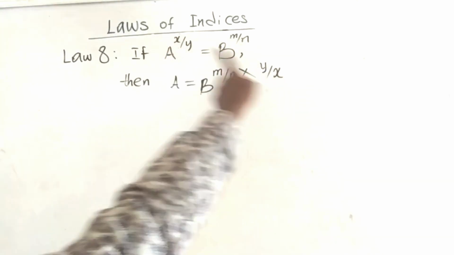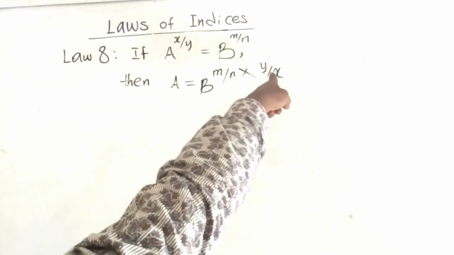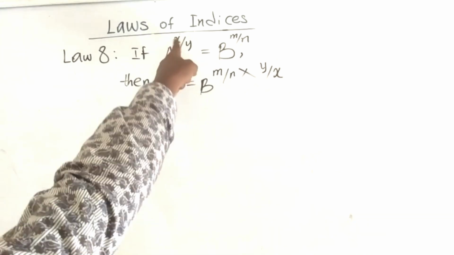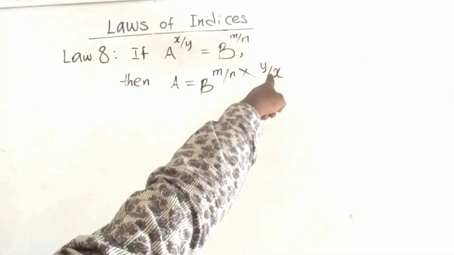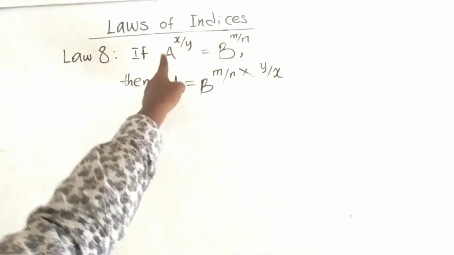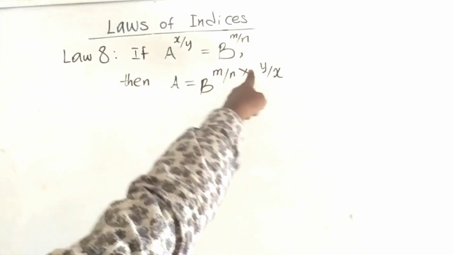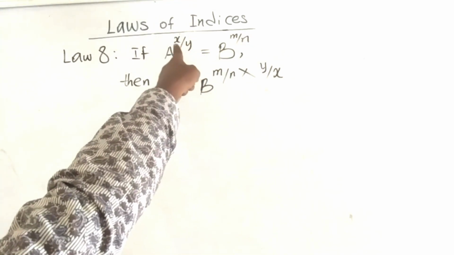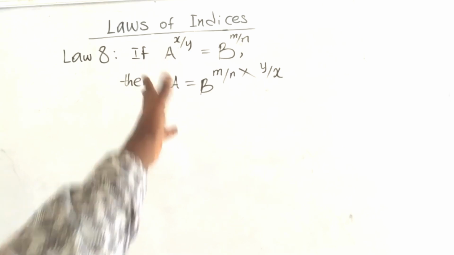When it comes there, the fraction will roll itself, from x over y to y over x. So a will be equal to b raised to the power m over n, then multiplied by no more x over y, but now y over x. That's how you solve that kind of equation.